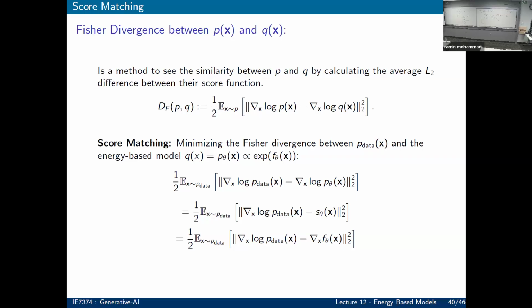That's called Fisher divergence. We're going to use it because it's also based on the gradient, for comparing the S theta, the approximation, with the original log P data, the one that is hard to find. So our goal is to minimize this divergence.